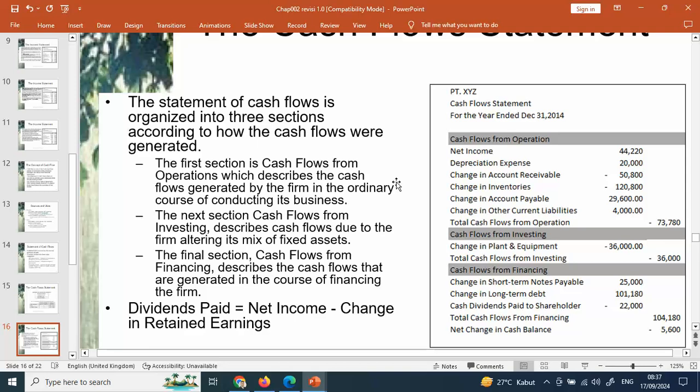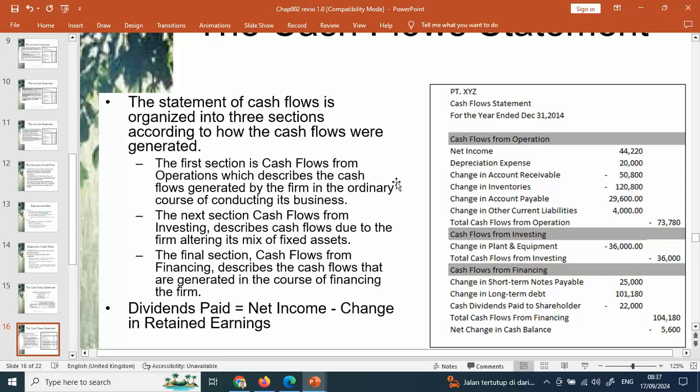The next section is cash flow from investing. It describes the cash flow due to the activity on financing its assets, fixed assets. Yeah, there are changes.